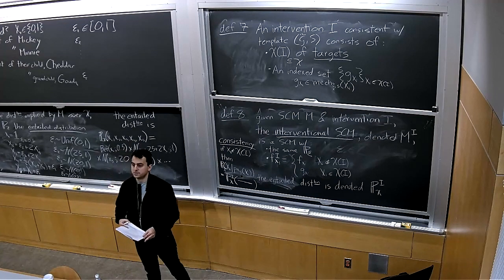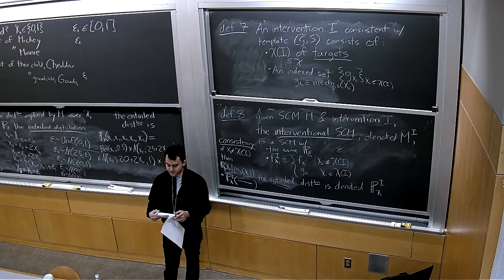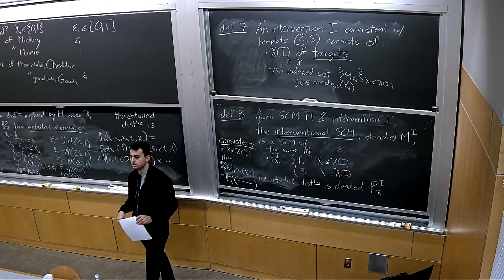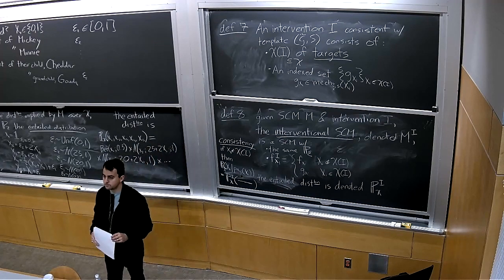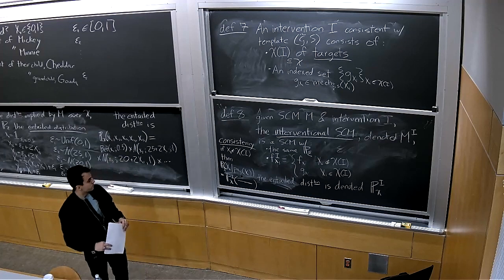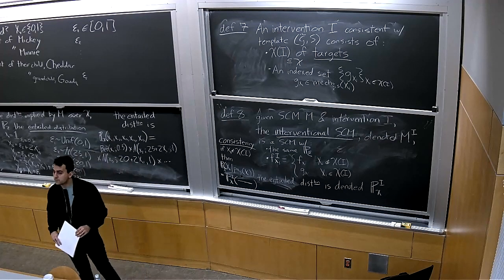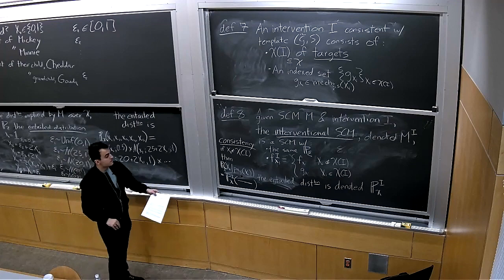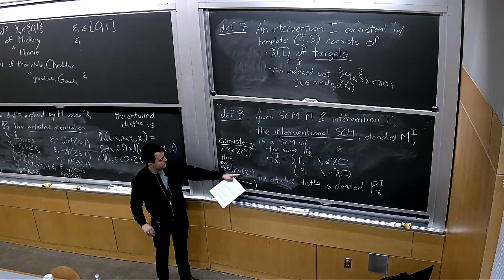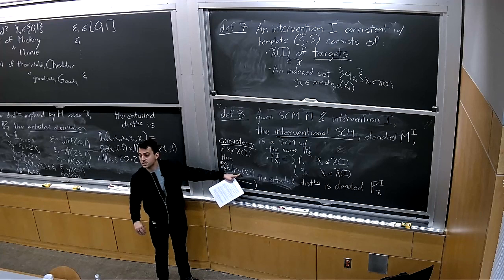Okay, so we're going to talk about a few different types of interventions. Yep. Why are you talking about probability distributions? Like this conditional probability distribution. This is the probability distribution given only the parents in G. So this is the causal graph, not the exogenous graph.